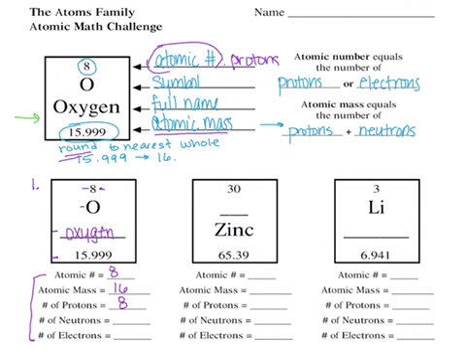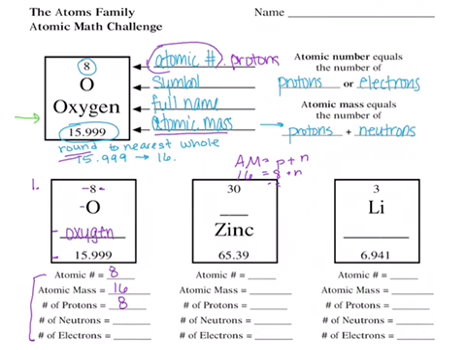The number of neutrons: your atomic mass equals your protons plus neutrons. We know our atomic mass is 16, we know we have 8 protons, and now we just need to solve for n.